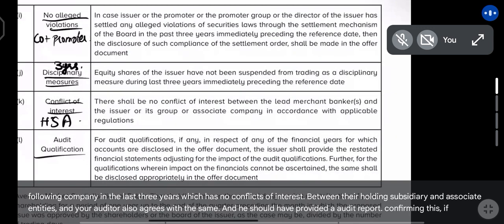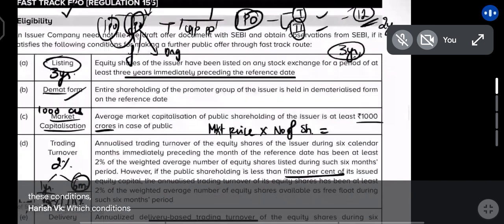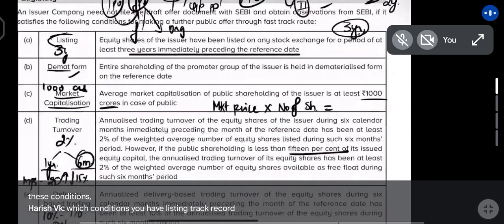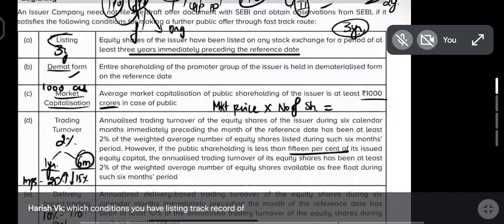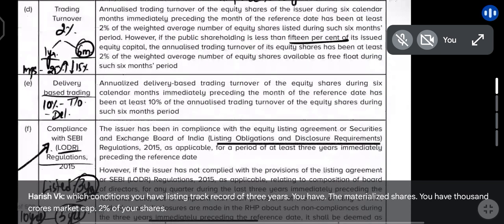If you satisfy these conditions, which conditions? You have a listing track record of 3 years, you have dematerialized shares, you have 1,000 crores market cap, 2% of your shares are traded regularly, 10% of your shares are delivered regularly.